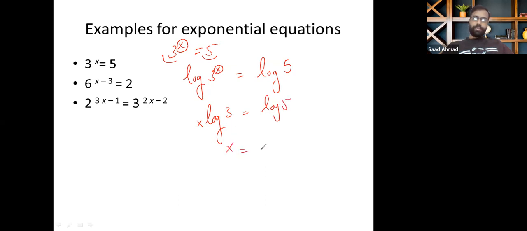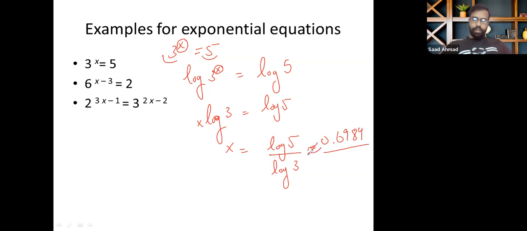So then we can write x equals log 5 divided by log 3. We can use a calculator to get the answer in decimals. So let's see what the answer for log 5 is. It is almost 0.6989, something like that, and it goes on.